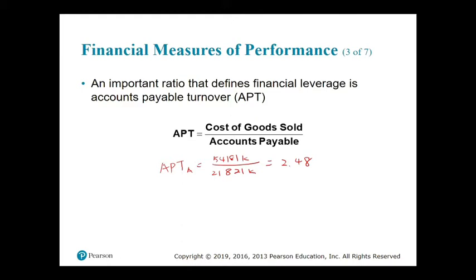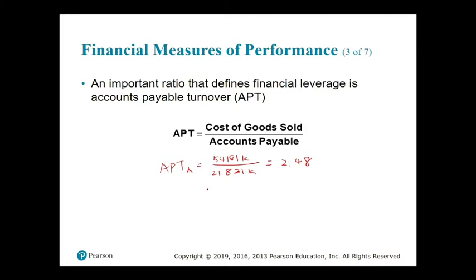It means that Amazon effectively owes less money, when you compare it to Nordstrom, that it has to pay to its suppliers. Right. So it has to pay less frequently to its suppliers.